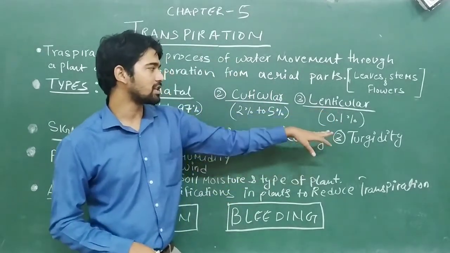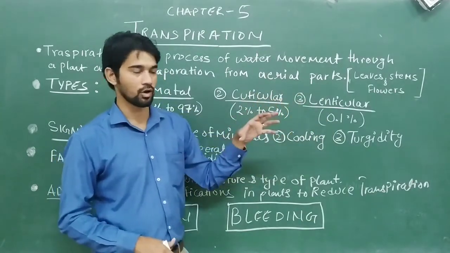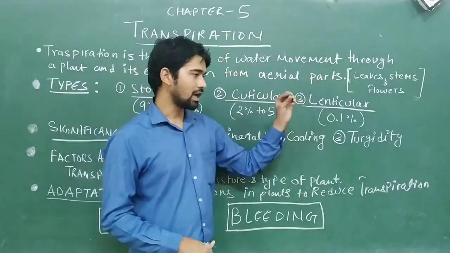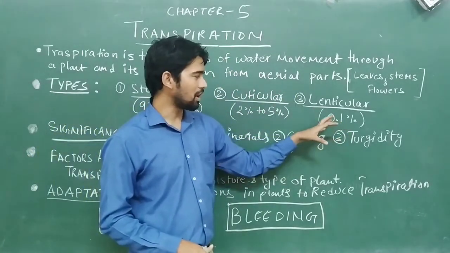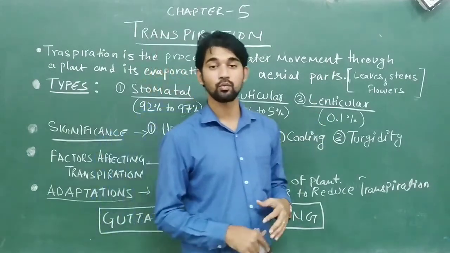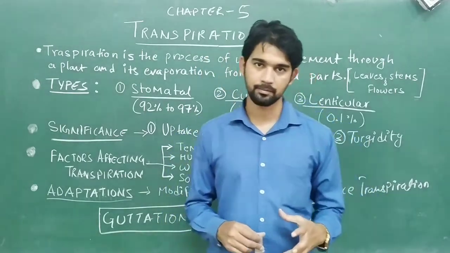Whereas lenticular transpiration takes place through the lenticels present on the bark of a tree or plant. They have small openings which account for about 0 to 1%. The least transpiration takes place from there.